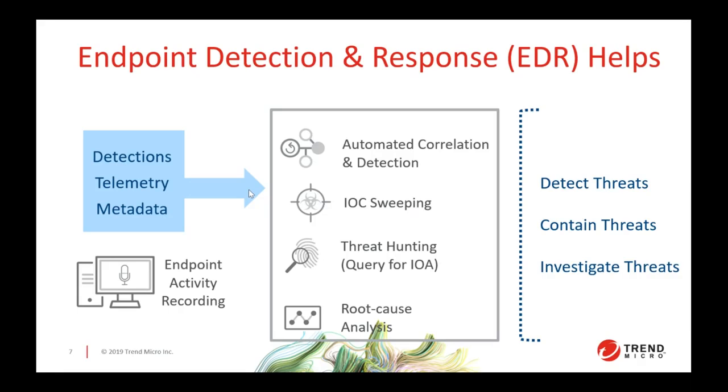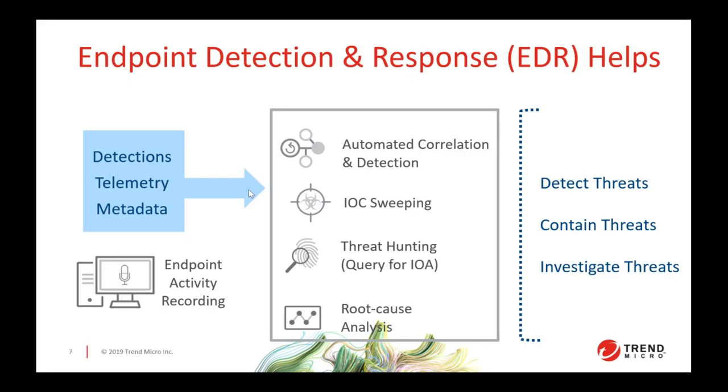So it can get rid of false positives, and then we can focus only on the threats which are very dangerous and very critical to the enterprise. This is how automated correlation and detection happens with Trend Micro EDR, whereas in most solutions there is no automated correlation and detection. So this will be the challenge for the enterprise SOC team.